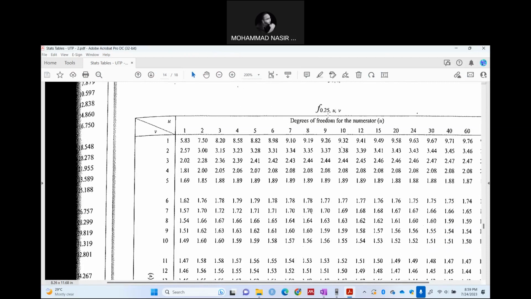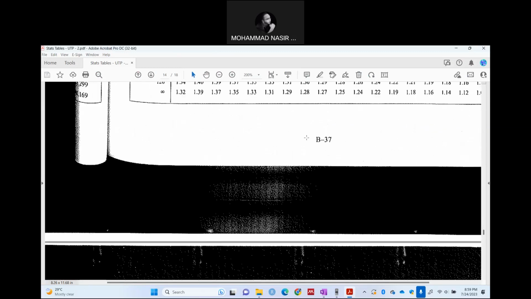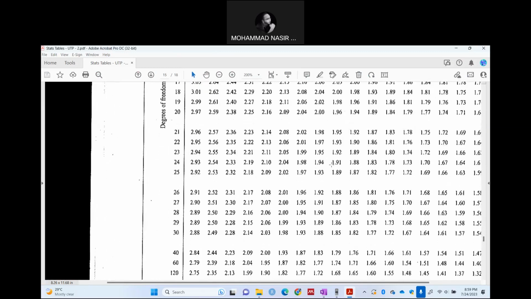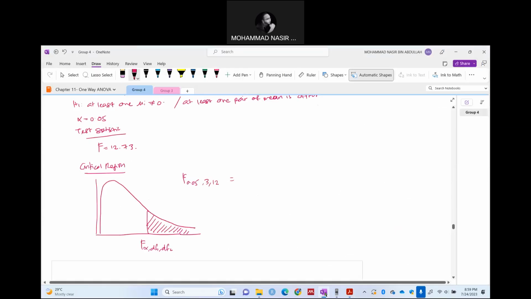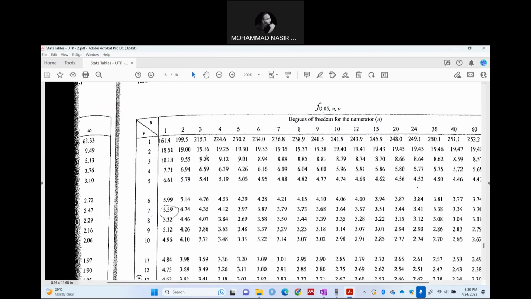But in this case, we need to find 0.05. So this is 0.05. So degree of freedom number 1 is 3, so look at 3. Degree of freedom number 2 is 12. So 3.49.